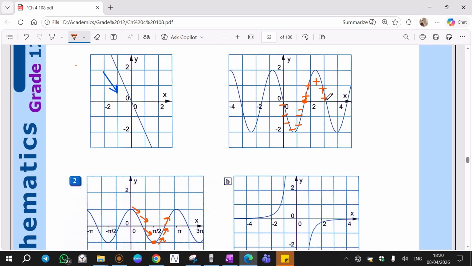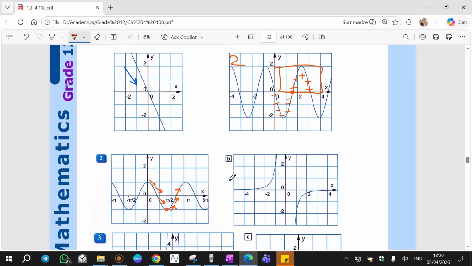Never think like f is increasing, f prime is also increasing. There is no such thing in grade 12. But there is f is increasing, f prime is positive. How do we know it's positive? Just because it is above x-axis, that's enough to say this whole section is positive. So number 2 belongs to graph of A.